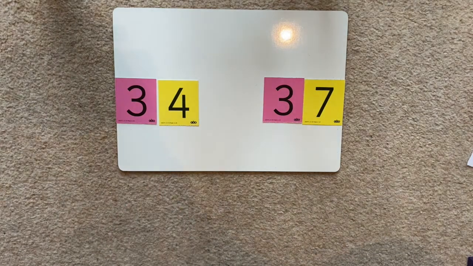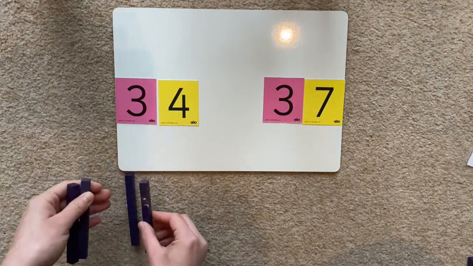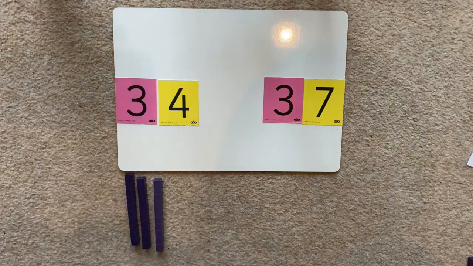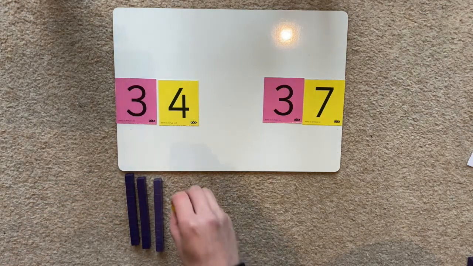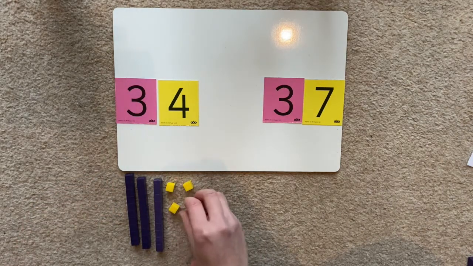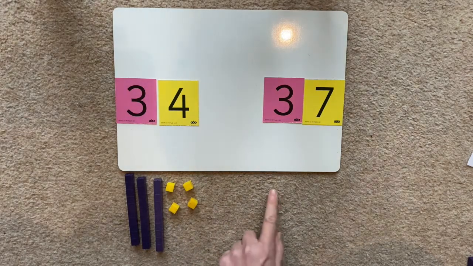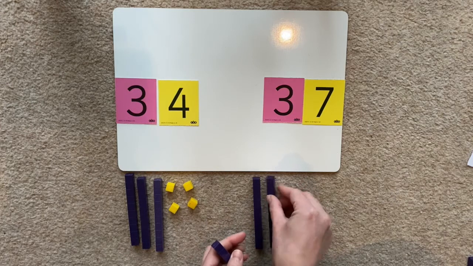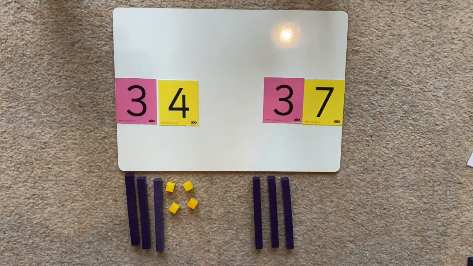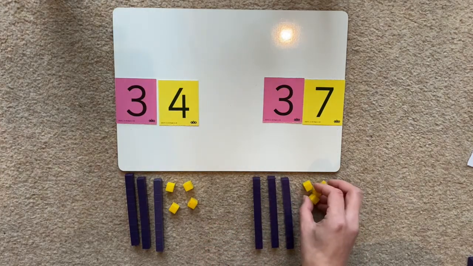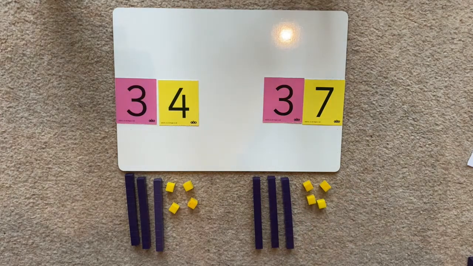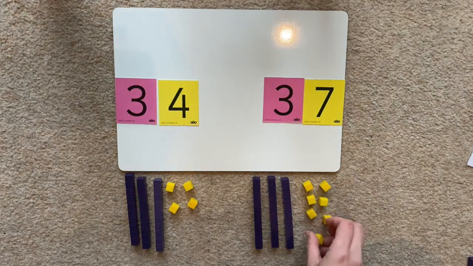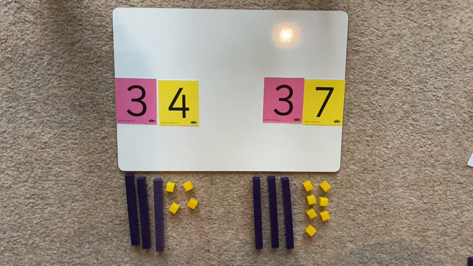So 34, 10, 20, 30, 31, 32, 33, 34. 37, 10, 20, 30, 31, 32, 33, 34, 35, 36, 37.